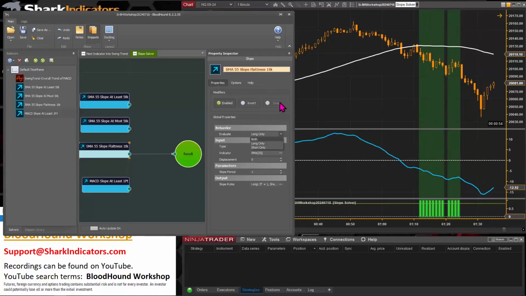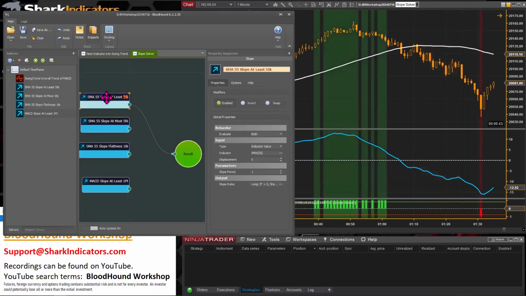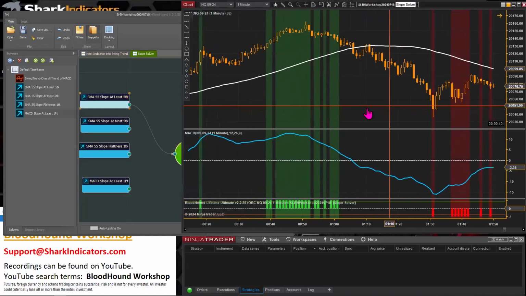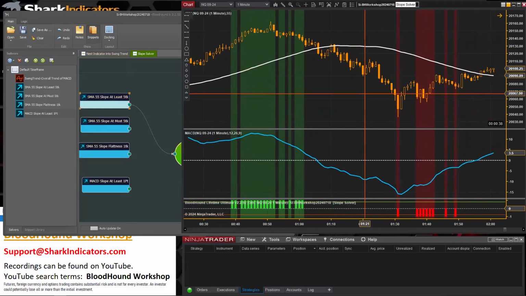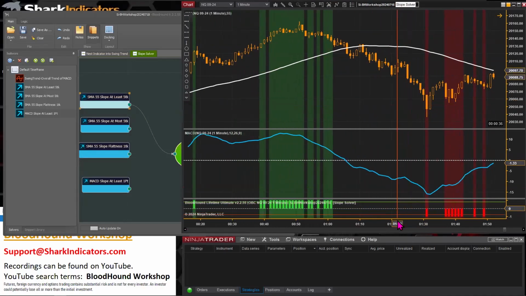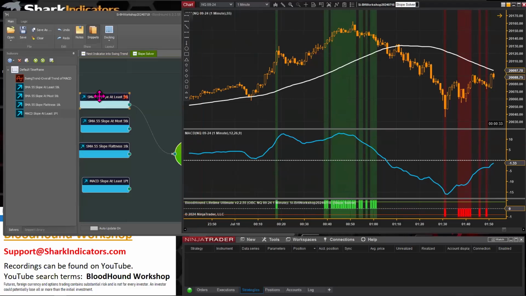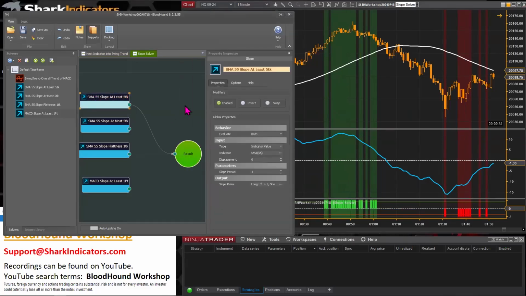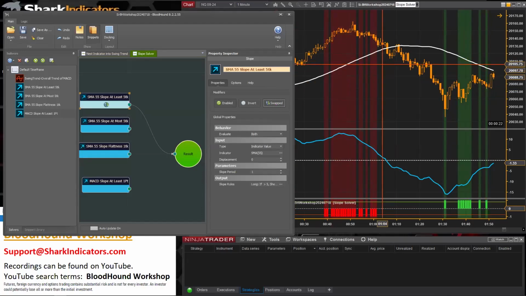So the swap isn't useful when your output has a long and a short. The swap would typically be used when you have a trending type of output. Let's shrink that up a little bit. Now if I hit the swap button, that's a quick, easy way to reverse the outputs, like so.